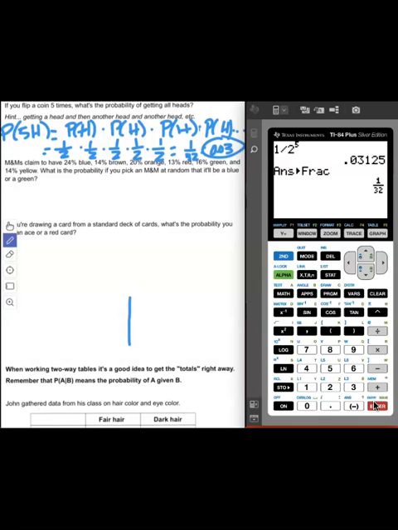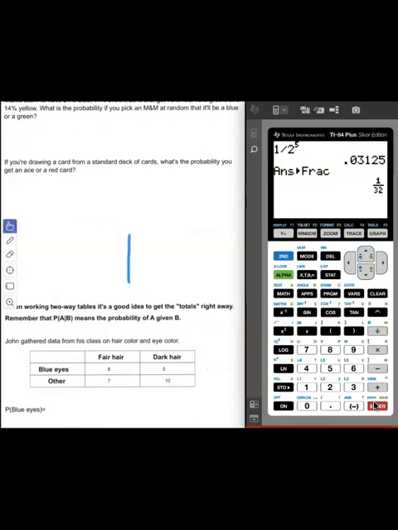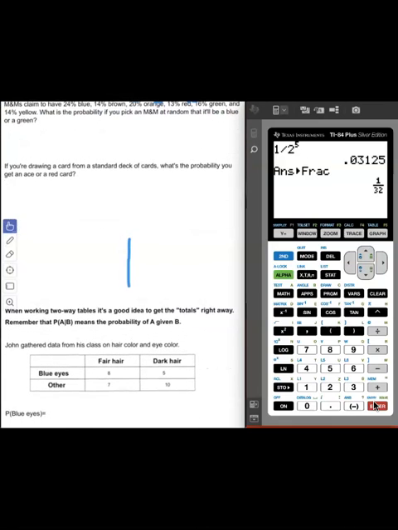Okay. All right, this one says M&Ms claim to have 24% blue, 14% brown, 20% orange, 13% red, 16% green, and 14% yellow. This one says, what is the probability that you pick an M&M at random that would be blue or green?